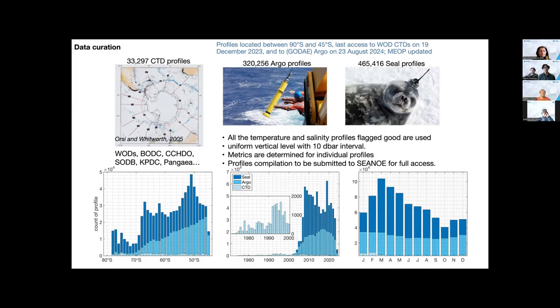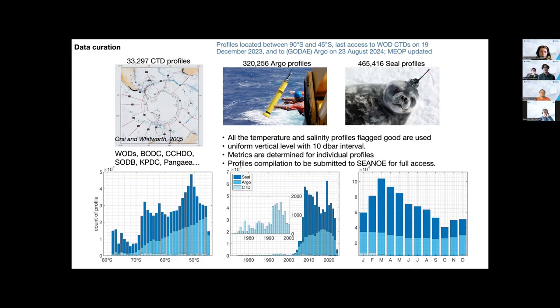But the issue is that they can only occupy a very narrow region, as schematized on the panel on the top left. Those red lines are repeated survey ship tracks with CTD casts being done every once or twice a few years.